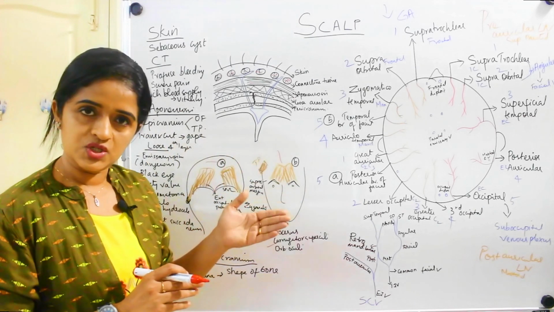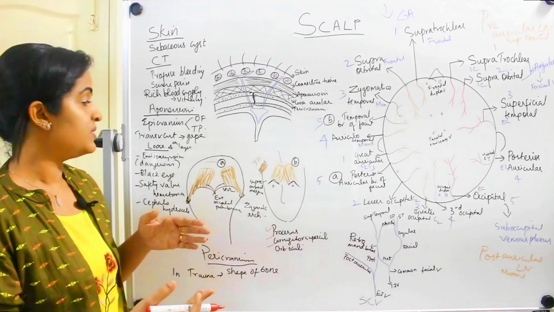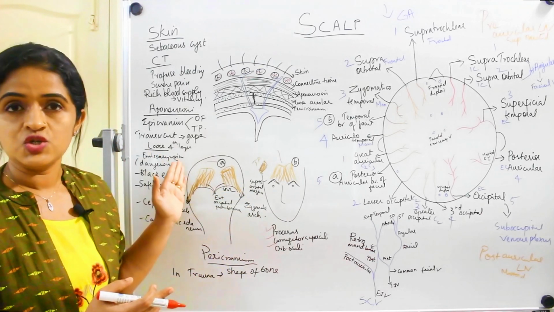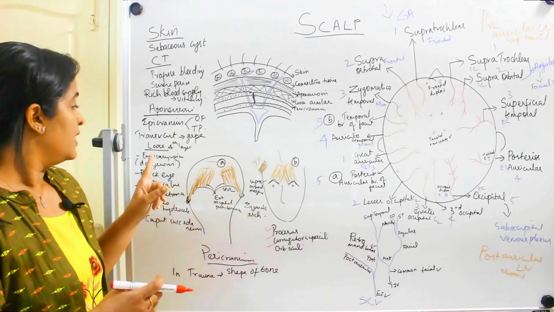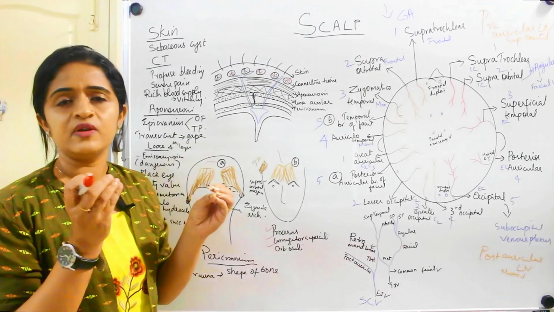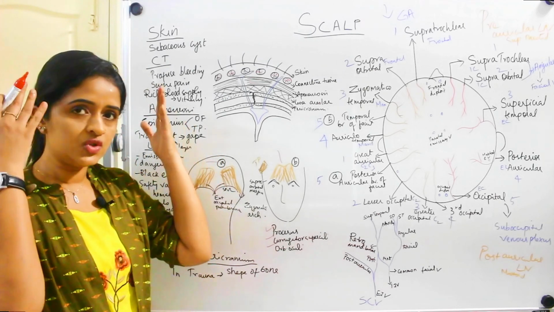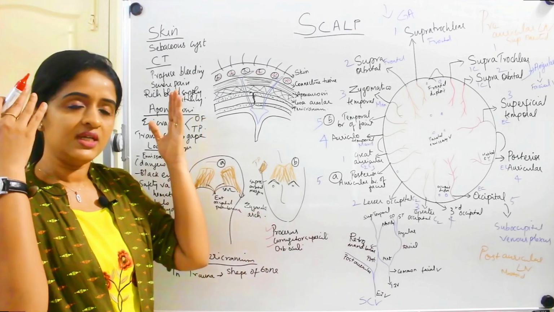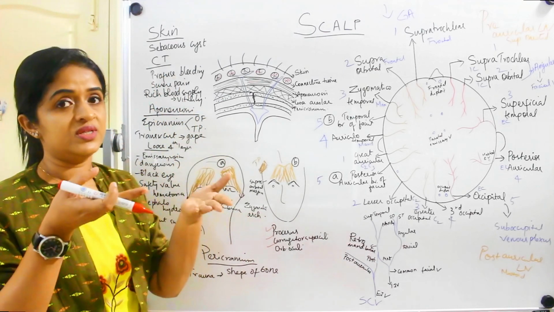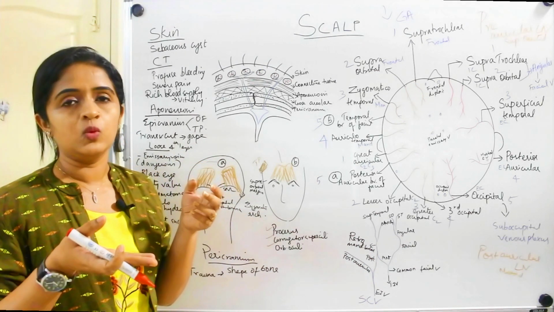So the subcutaneous tissue is continuous with the subcutaneous tissue of the eyelids. So let's see what happens whenever there is an injury in the fourth layer. Whenever there is bleeding or inflammation into the fourth layer, the fluid will accumulate, and due to gravity it can collect backwards or forwards.